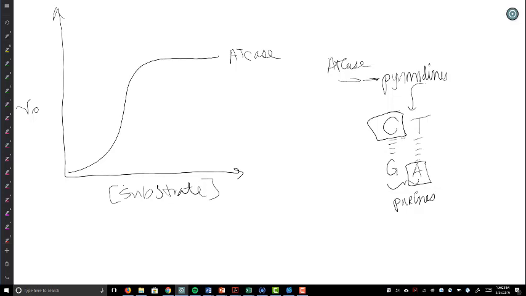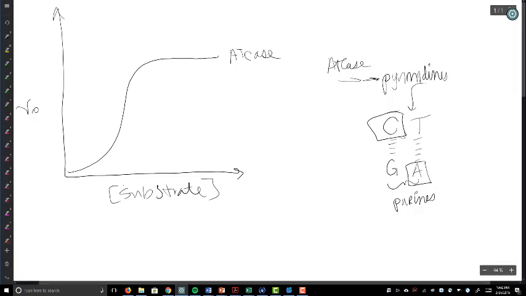activity. So if we look at a Michaelis-Menten plot for ATCase, the velocity as a function of the substrate concentration, what you'll notice is that the substrate saturation curve is sigmoidal instead of hyperbolic, which is indicative of cooperativity or allosteric regulation.